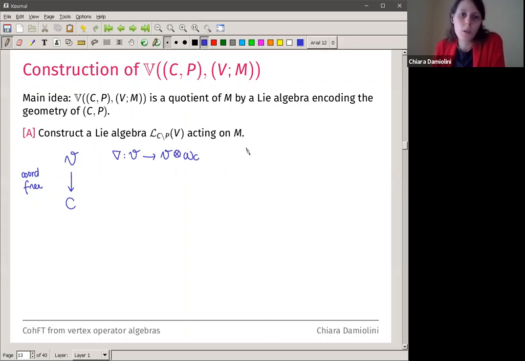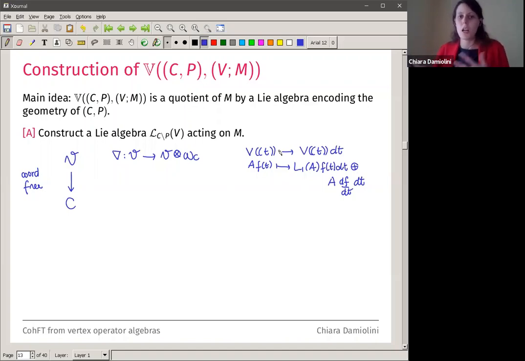If you want to see it in coordinates, this is the same as a map from V tensor Laurent series in t to V((t)) dt, which sends an element a f(t) to L_{-1} a f(t) dt plus, we don't really need this dt, but I prefer to have it, a df/dt dt. Okay, so it's a coordinate-independent version of this map here.